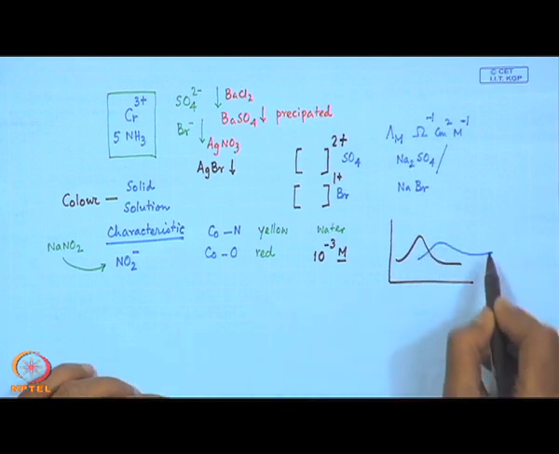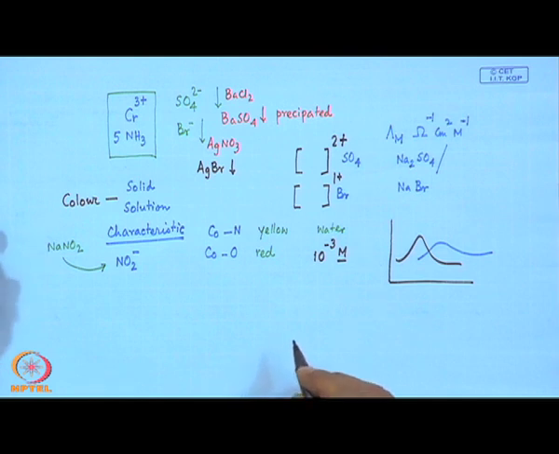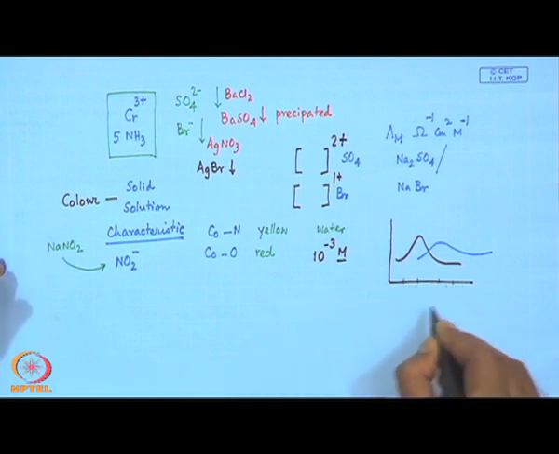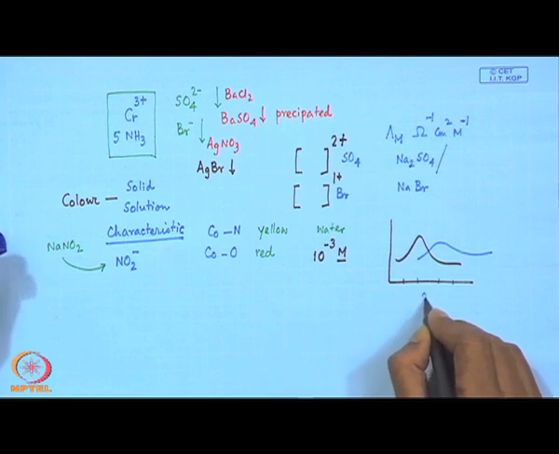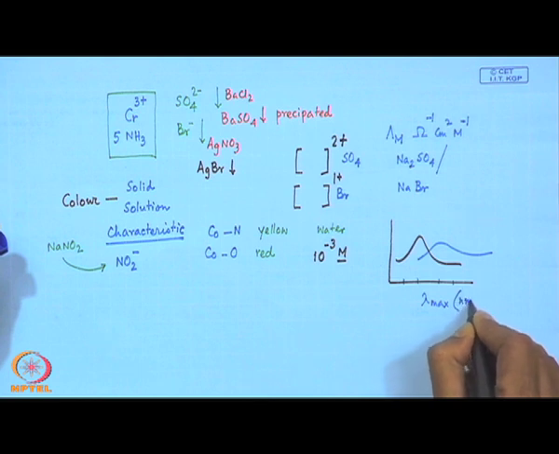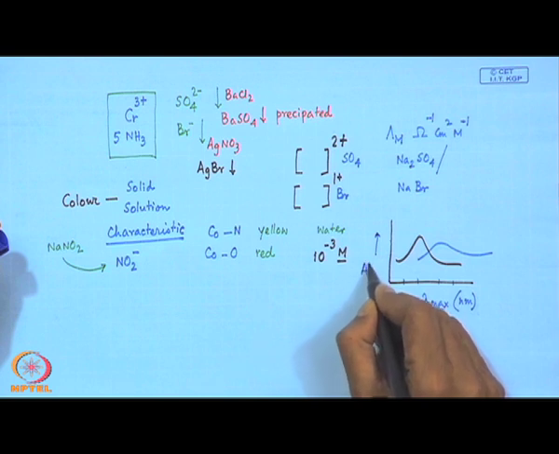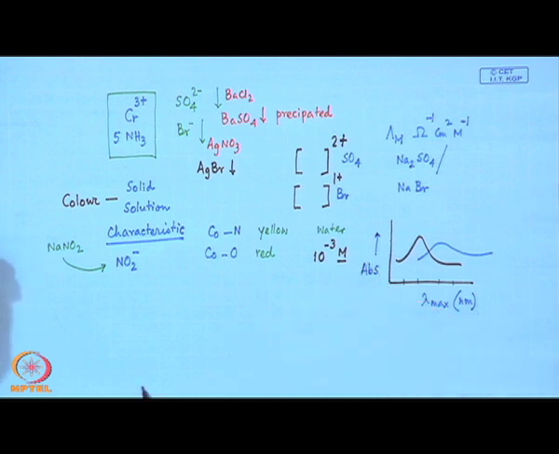So, the nature of these curves will also be different, and this is the corresponding scale in nanometer, that means the wavelength, which is lambda max in nanometer, and this is the corresponding absorbance.